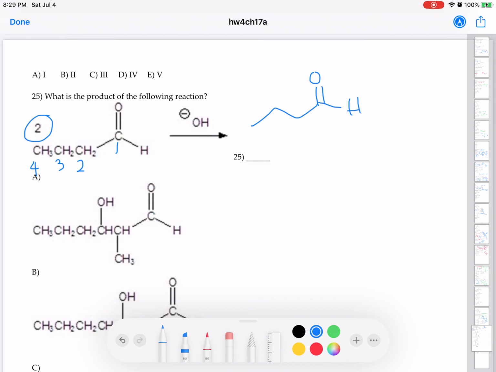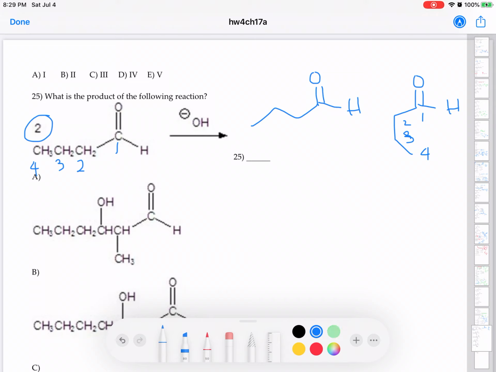And for the other aldehyde, you also need to draw the carbonyl, hydrogen, 1, 2, 3, 4. So make sure you write the correct number of carbons. Okay, and then these two are going to react, and then the aldol product is going to form.